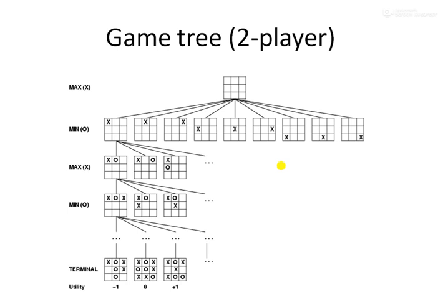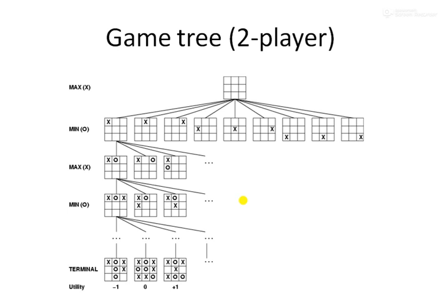In case of chess, it is quite difficult to generate the whole structure, or to frame all the possible moves for the players, because the number of moves possible in the first level for chess is 20, right?